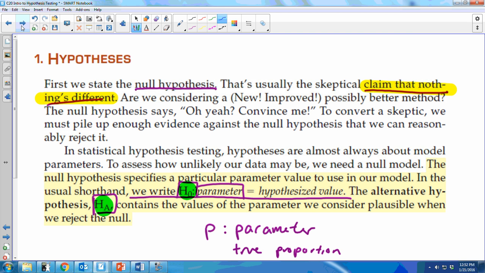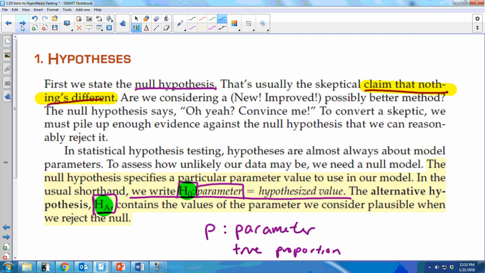It's the same as what it is in the population, and nothing has changed. Everything is great. The second hypothesis is the alternative hypothesis. And that says, oh, maybe something's changed. So you have the null hypothesis, you have the alternative hypothesis.